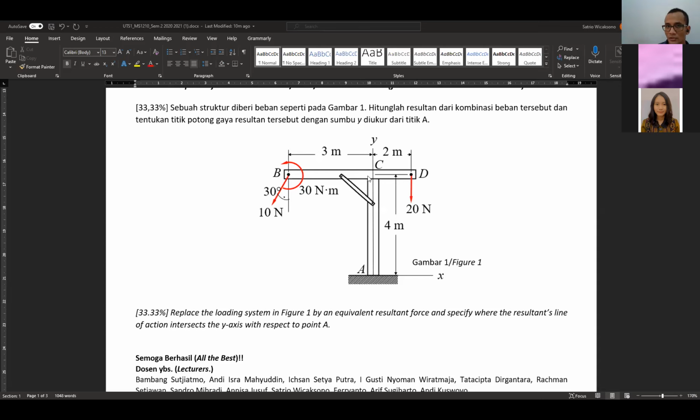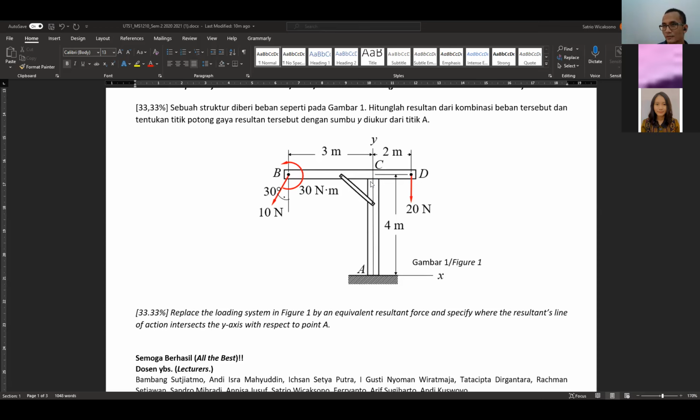Then those 3 moments you can just sum up, so you have the total moment. Beside that, you have to sum the 2 forces, 20 newtons and 10 newtons, by doing a vector summation.